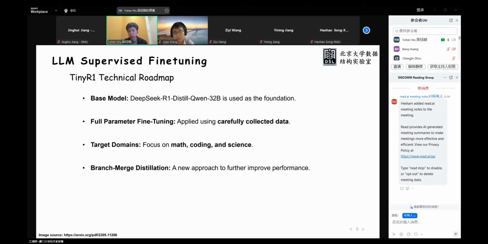The fine-tuning process helps the model develop stronger abilities in solving math, coding, and science problems. However, to further enhance model performance, we introduce a new method called branch merge distillation. This technique allows us to improve accuracy and efficiency.